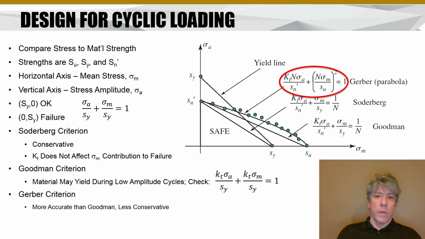So it just depends on what area you're working in as to which one of these failure theories or safe zones you will use. Notice we've gone from most safe, essentially, except for the first one, to less and less conservative estimates of the relationship between the mean stress and amplitude stress that is acceptable.